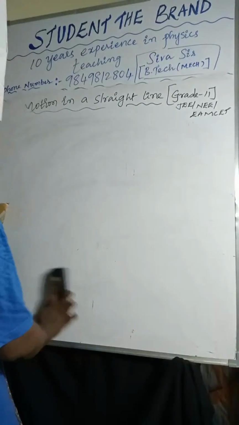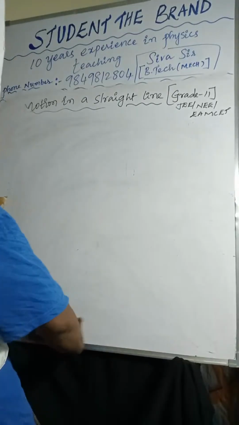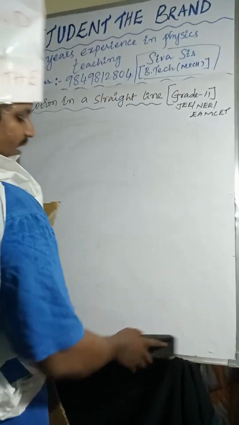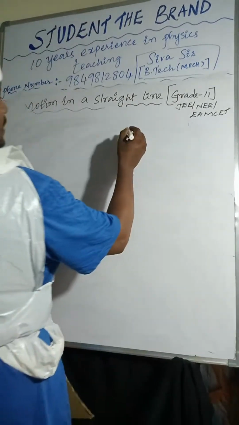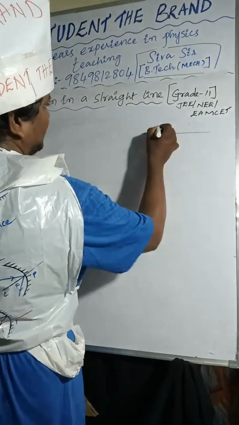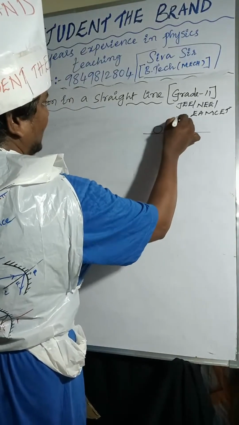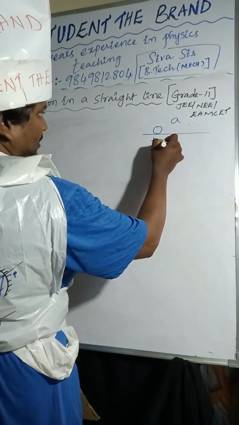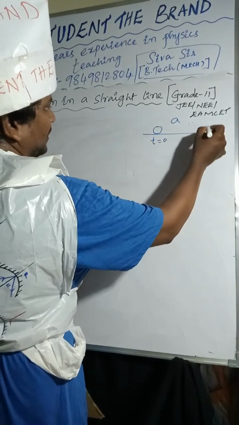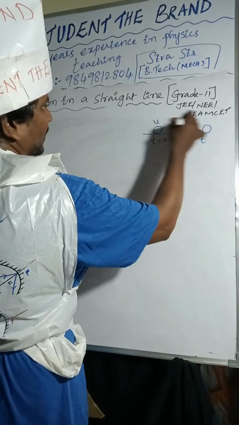Now I am considering the same case. The object is at rest initially and then moves with uniform or constant acceleration. At time t equal to 0 and at a certain time t, the initial velocity is u and the final velocity is v.